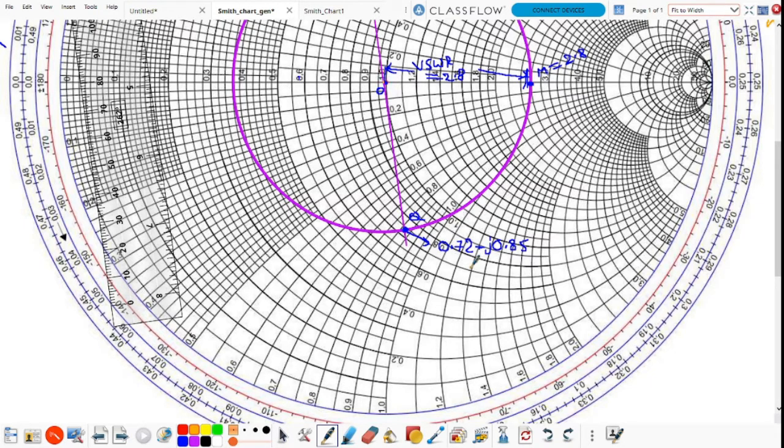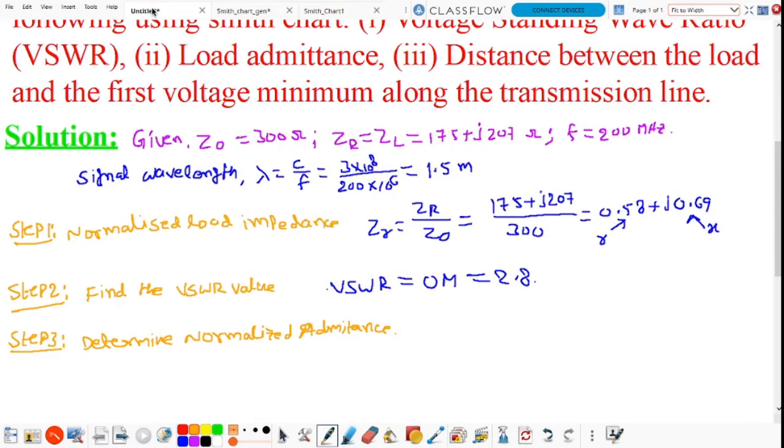Therefore, the normalized admittance at point Q, y sub r, is equal to 0.72 minus j0.85.